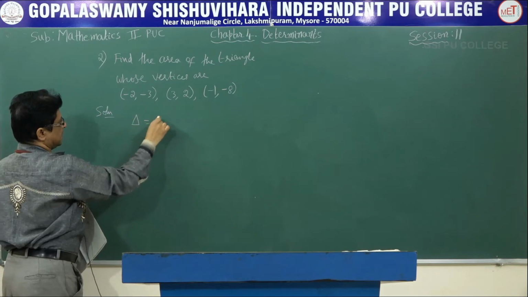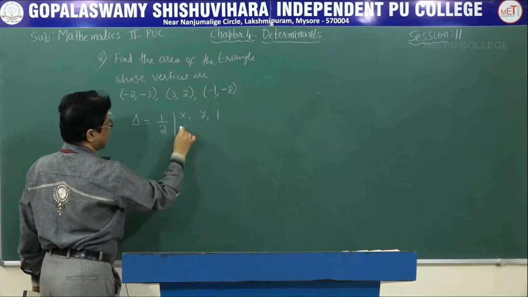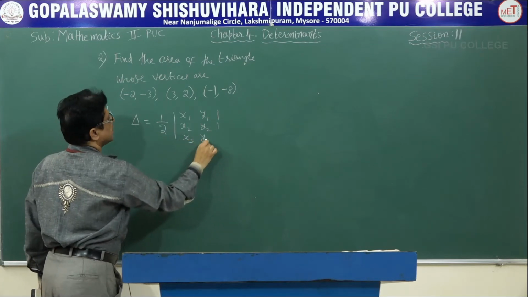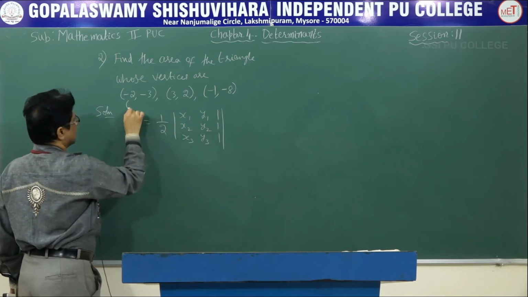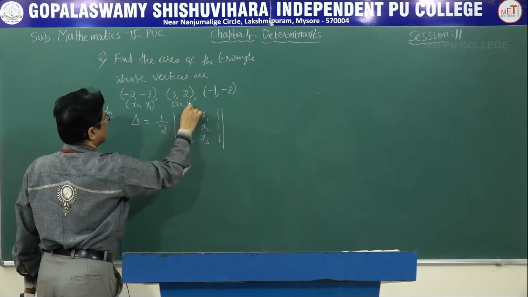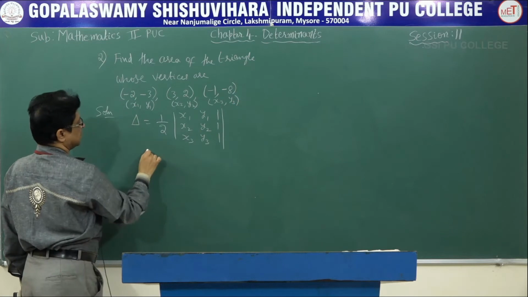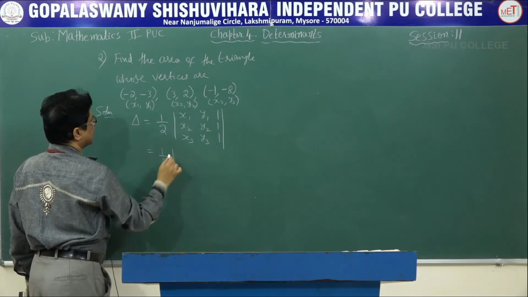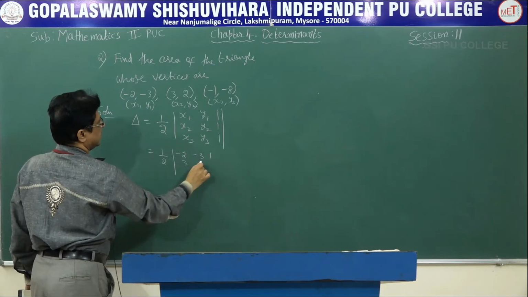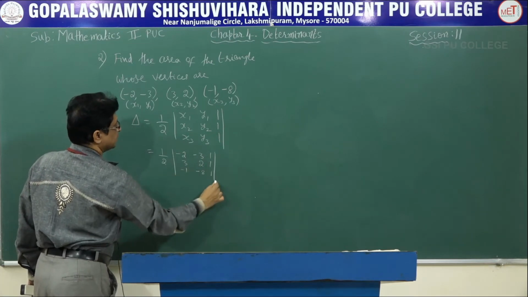So area of triangle is given by half into determinant of x1 y1 1, x2 y2 1, x3 y3 1. The first vertex is x1 y1, second vertex is x2 y2, and the third vertex is x3 y3. That will be equal to half into determinant of minus 2 minus 3 1, 3 2 1, minus 1 minus 8 1.